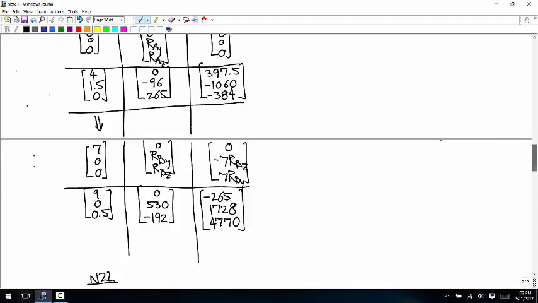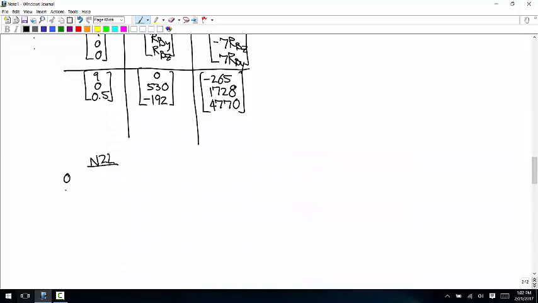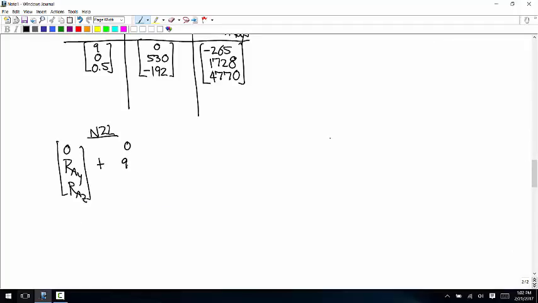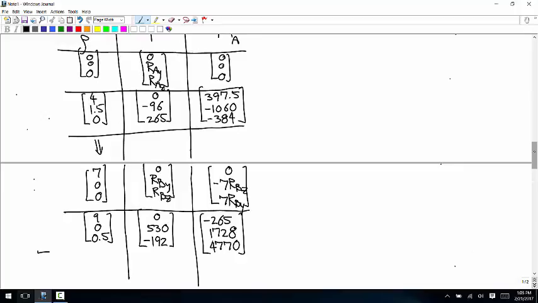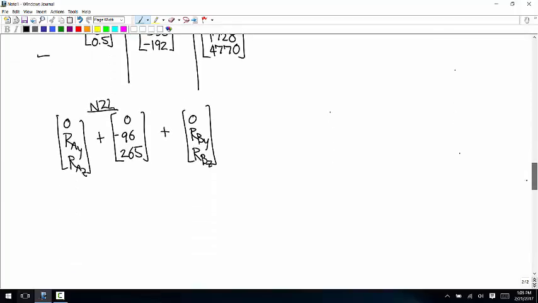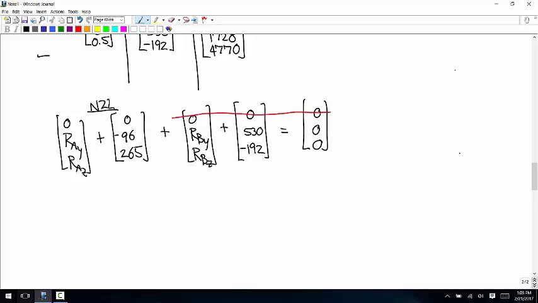So 0, RAY, RAZ, plus 0, negative 96, positive 265, plus 0, RBY, RBZ, plus 0, 530, negative 192 is equal to zeros. And we're skipping this equation. That doesn't do us any good.